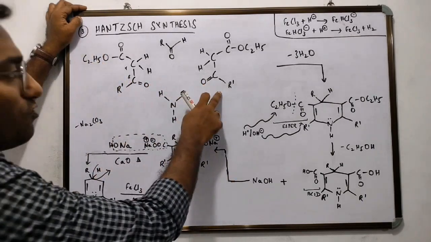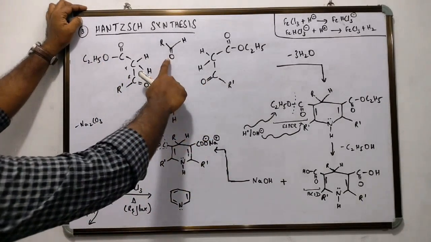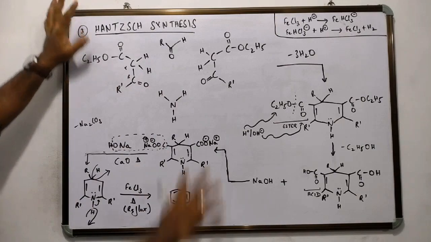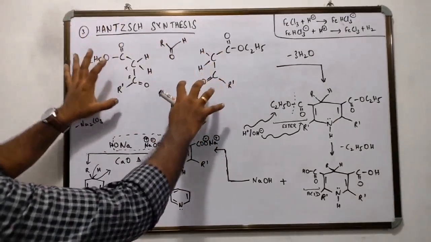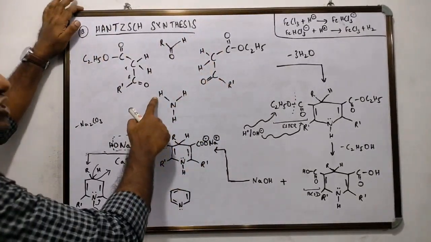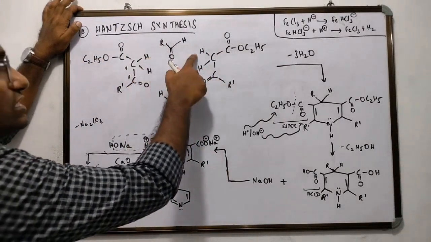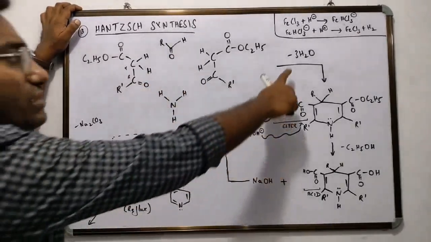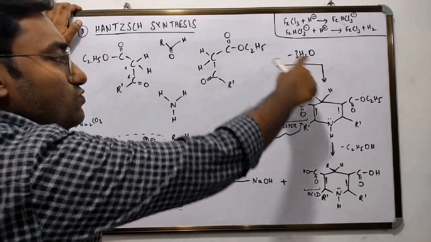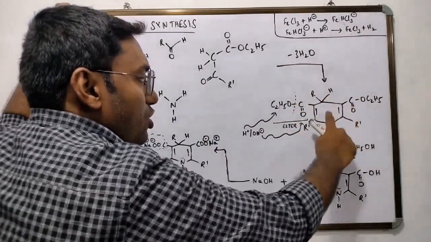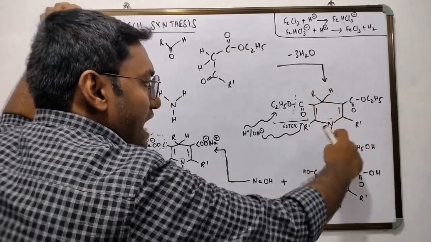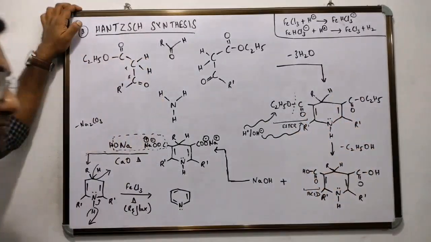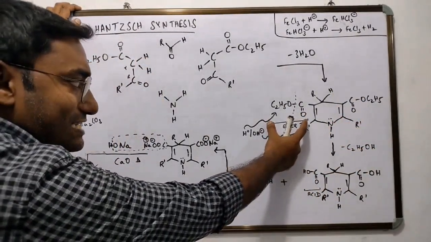Two molecules of beta keto ester, a molecule of aldehyde and a molecule of ammonia undergo condensation reaction in which they lose 6 atoms of hydrogen and 3 atoms of oxygen in the form of 3 molecules of water to form diester 1,4-dihydro symmetrically substituted pyridine.